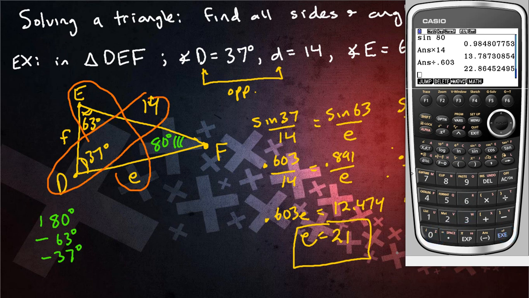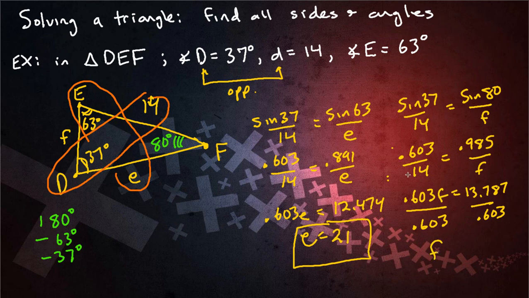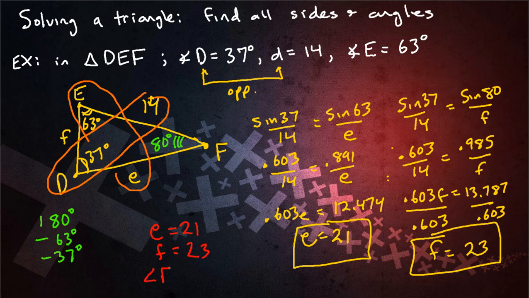And I get about 23. So F is 23. And now I've solved that triangle, so I want to make my answer very clear. My answer is E was 21, F is 23, and angle F was 80 degrees. And that would be my final complete answer, solving the triangle.